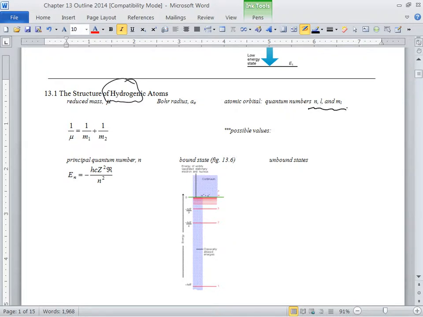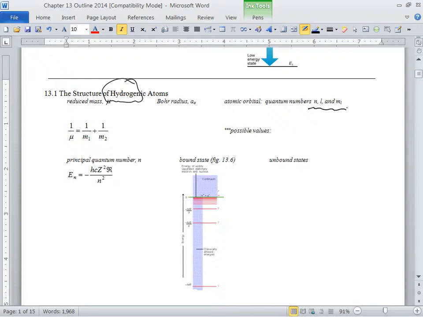So here are our quantum numbers. What were the names of those? N, L, and M sub L. N is the principal quantum number. L is the angular momentum quantum number.